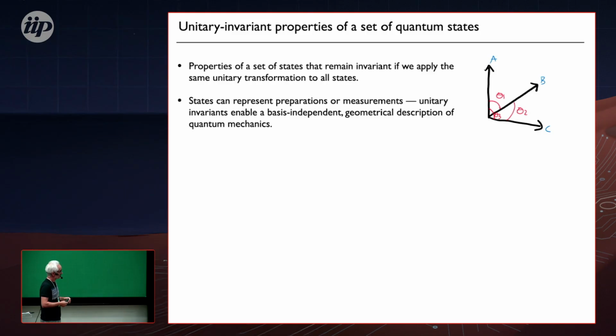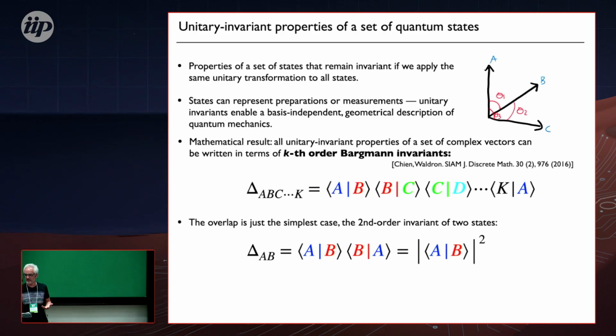And these states can represent both preparations that you do and measurements that you're doing, okay? So it's natural that if you're looking only at these unitary invariants, you're looking at the physical content of a certain protocol, or some property of measurements and protocols that you're doing. So these invariants are geometrical.